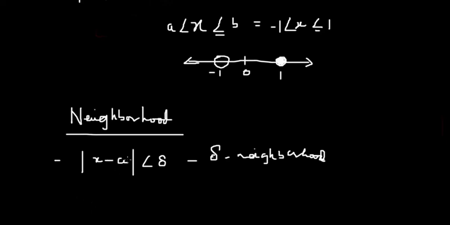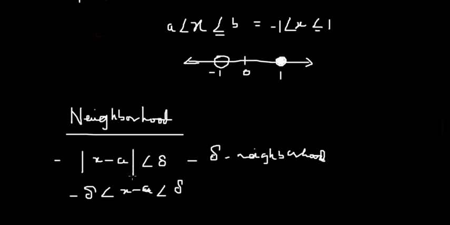From this expression, we have the negative delta, and we are representing this in the form of an interval. So x minus a will be greater than negative delta, and x minus a will be less than positive delta. So we are representing this in terms of intervals.